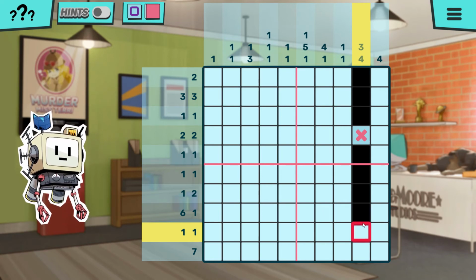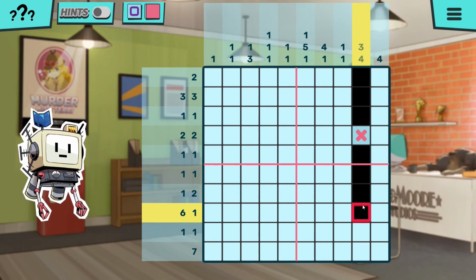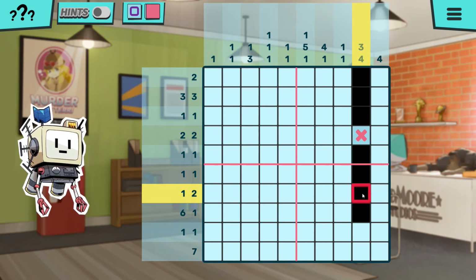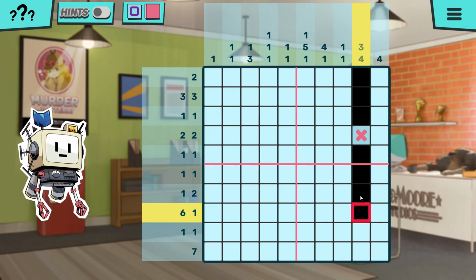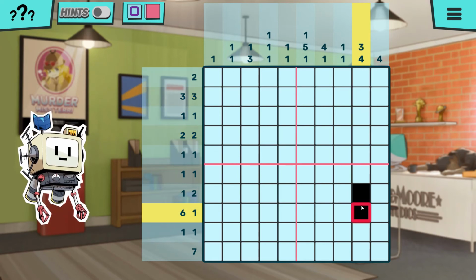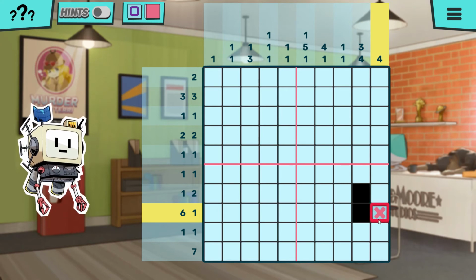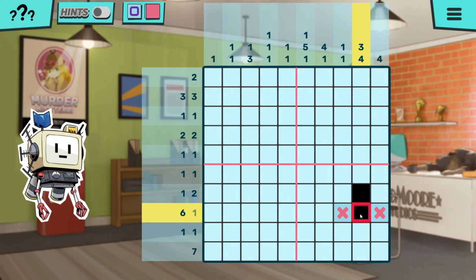That means these 2 spaces have to be filled out. They can't not be. Even if the 3 would start further down, these 2 would still have to be filled out to create the 4 down there. So I can take these away, but these 2 need to be there. That also means this is blank, because the 1 has already been fulfilled here.